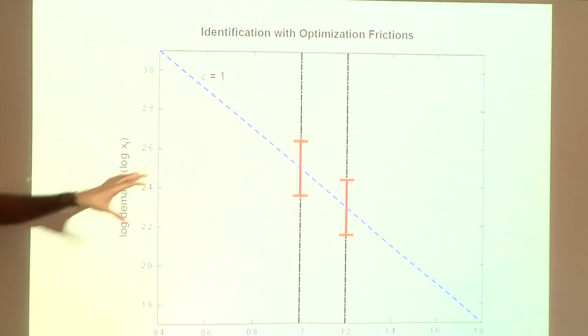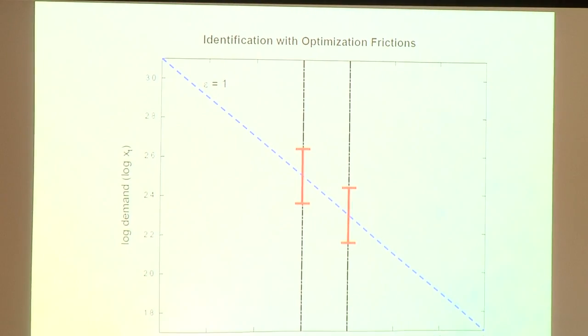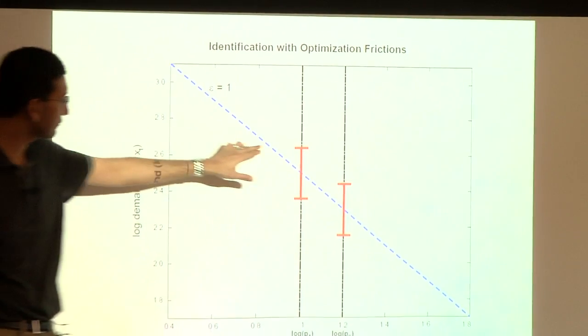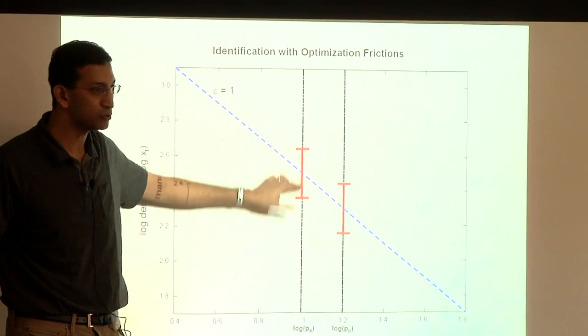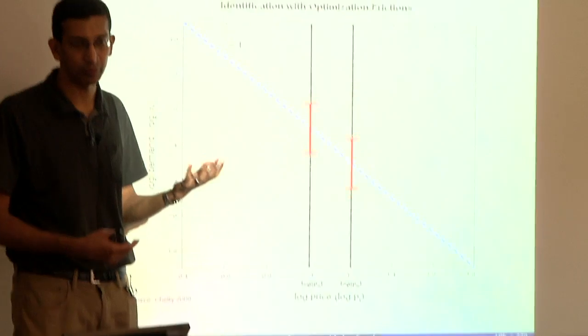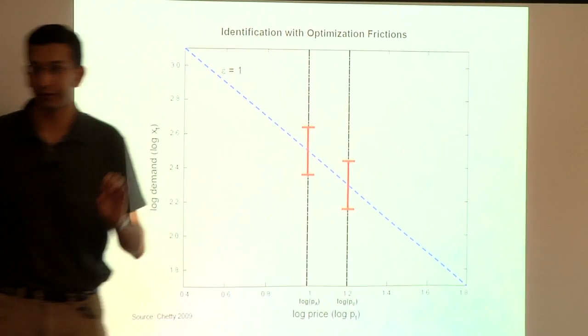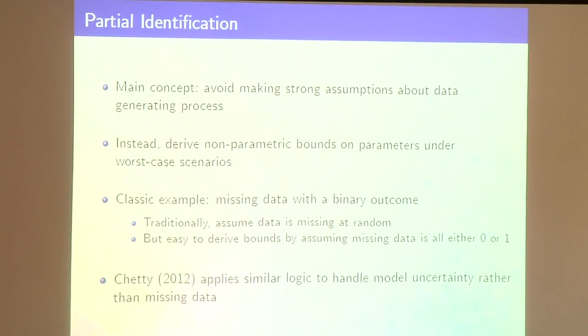The problem is that you don't know exactly what the model is that's generating that data. So you are trying to identify this blue line, but you don't know how people are choosing within this set. It's a similar conceptual approach where you take the extreme scenarios and derive bounds on what the underlying elasticity might be.